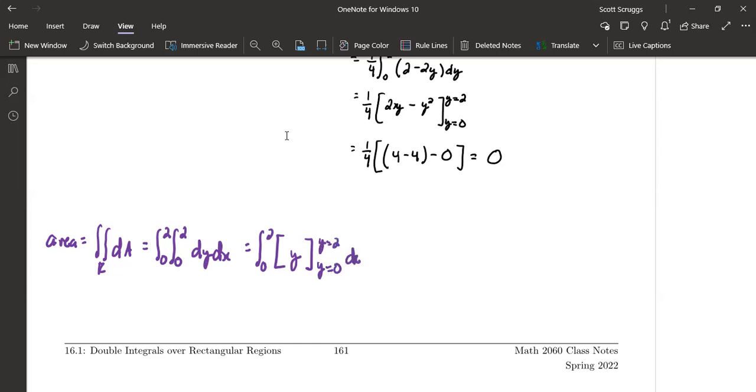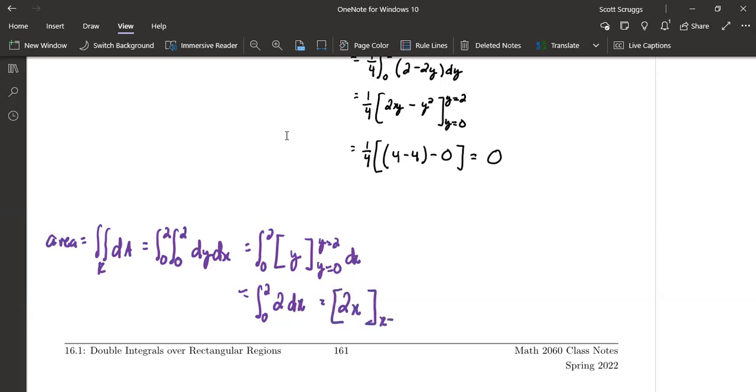Using the fundamental theorem of calculus, if I plug in the upper bound, I'll get 2. If I plug in the lower bound, I'll get 0. The difference of that is 2. So I am left with taking the integral from 0 to 2 of the constant 2. That has an antiderivative of 2x.